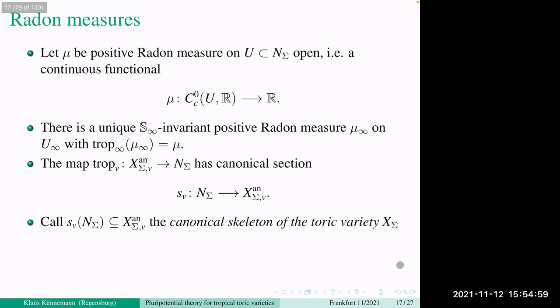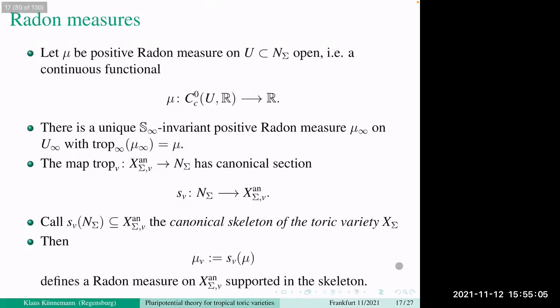The image of this map is called the canonical skeleton of the toric variety. Given the tropical measure, you get an associated measure as the image measure under this map. This gives you a Radon measure on the non-Archimedean toric variety, which is supported in the skeleton.